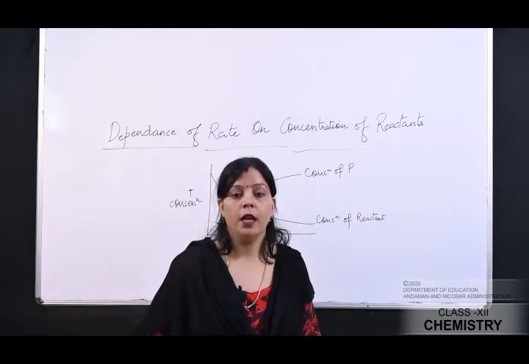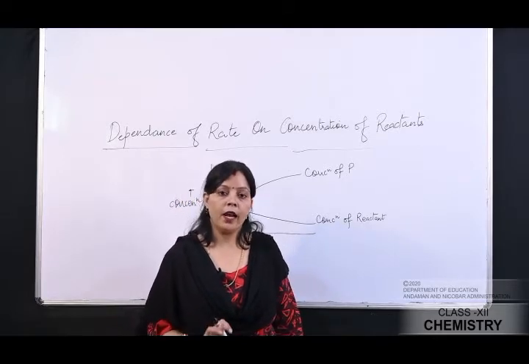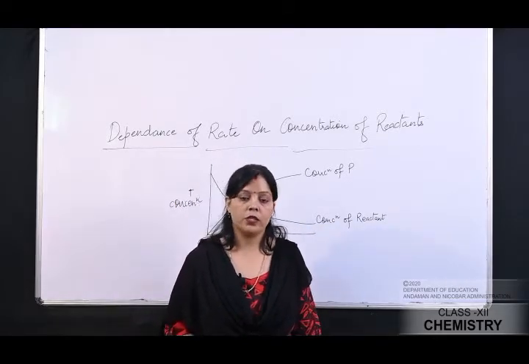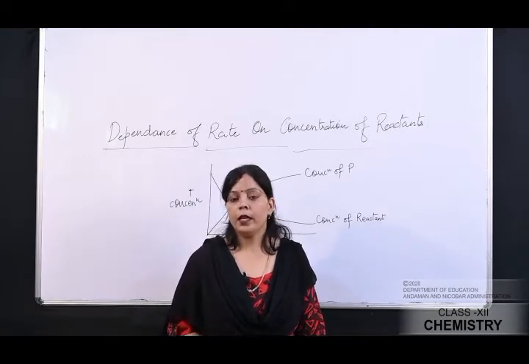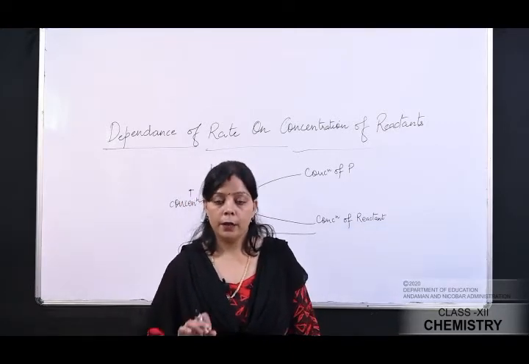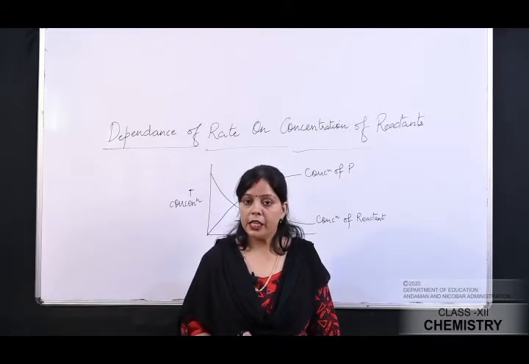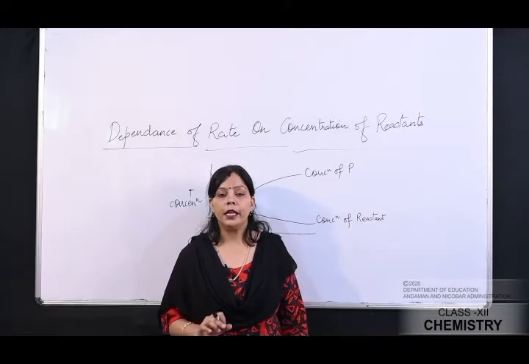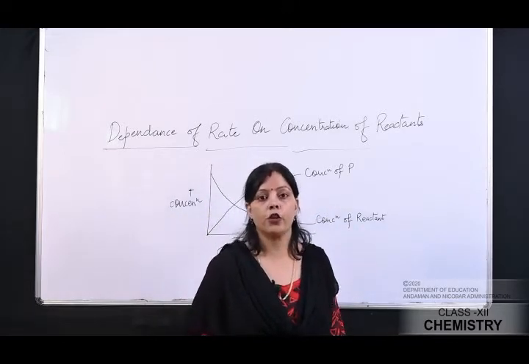Then after that, let us assume that the other factors like temperature and presence of catalyst remain constant. Then experimental studies show that the rate of the reaction increases with increase in the concentration of the reactant, and the rate of the reaction decreases with decrease in the concentration of the reactant.